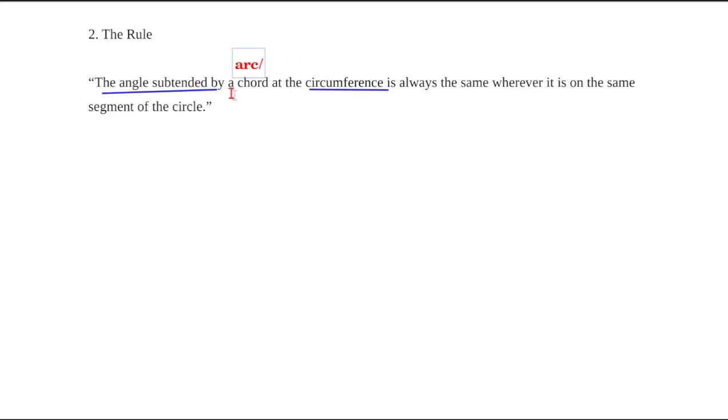The angle subtended by a chord at the circumference is always the same whenever it is on the same segment of the circle. Now, let's check this thing.